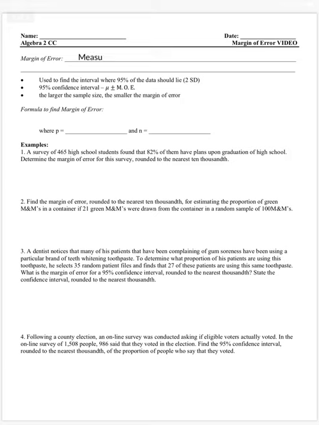is that it measures the maximum amount by which the sample results are expected to differ from those of the actual population.